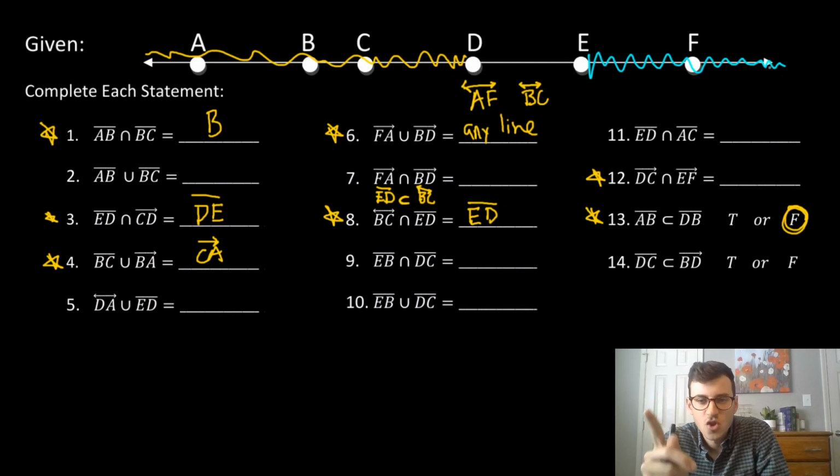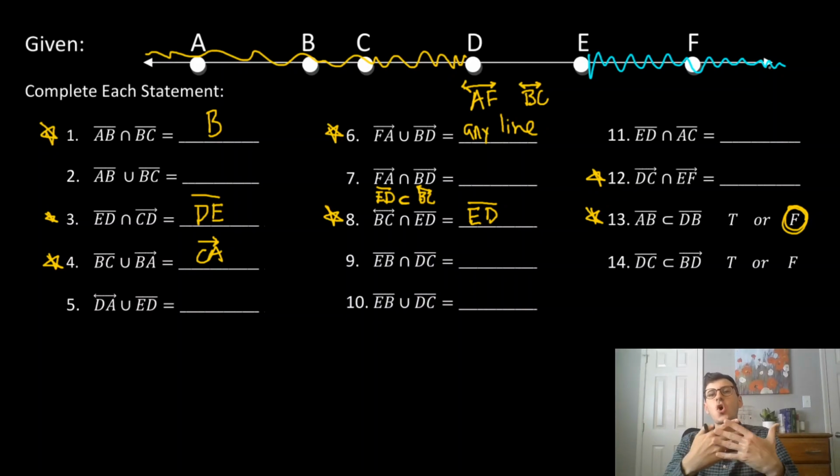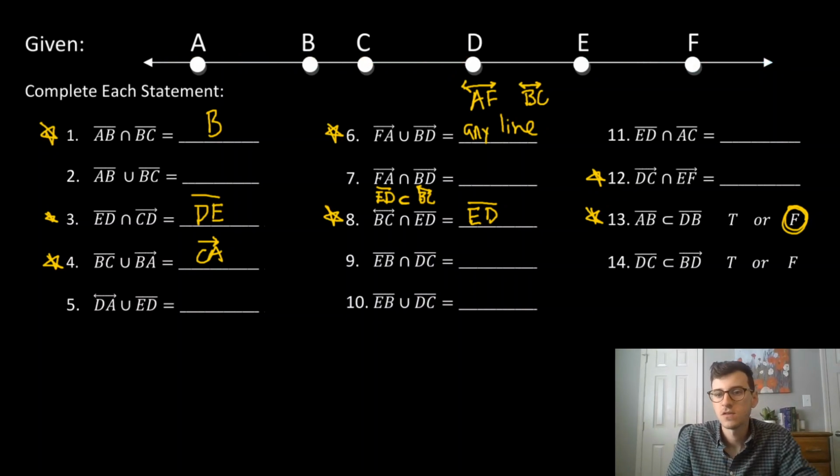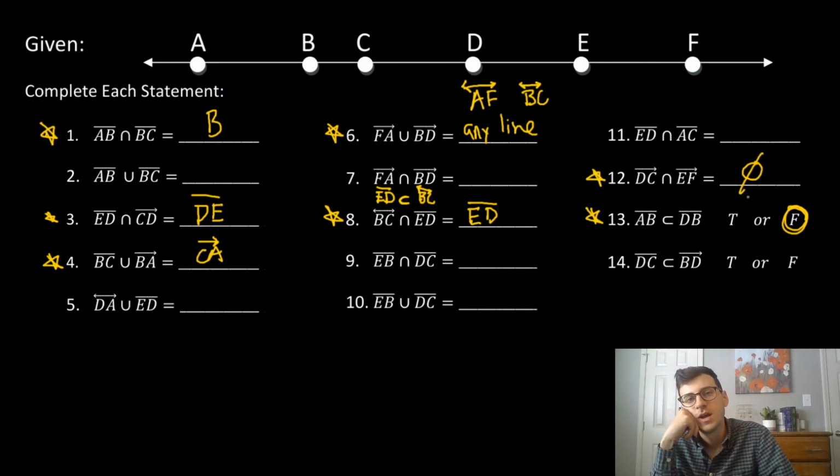So since there's no intersection, we say that that's the null set, meaning it's the set that doesn't have anything in it. The way we write null set is just a circle with a line through it. No points are in the intersection of ray DC and ray EF.